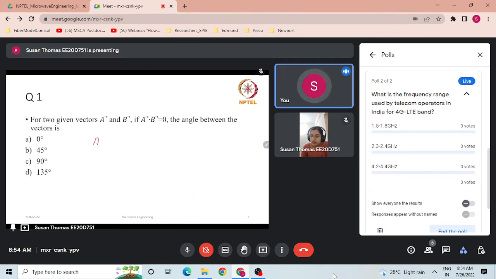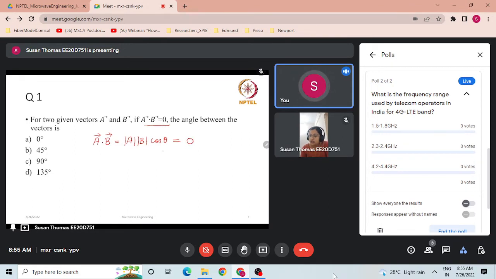As you all know, A dot B is equal to A B cos theta, where theta is the angle between the vector A and vector B. When I say A dot B is equal to 0, I need to equate this to 0.